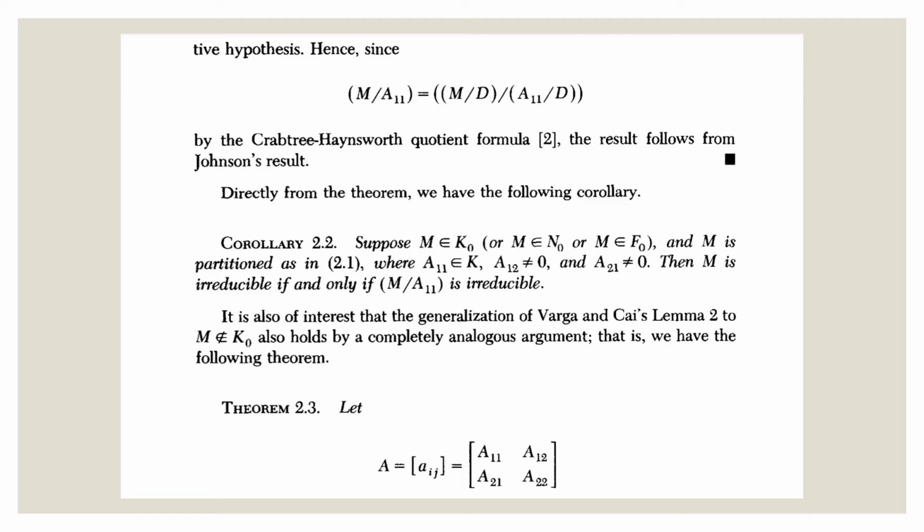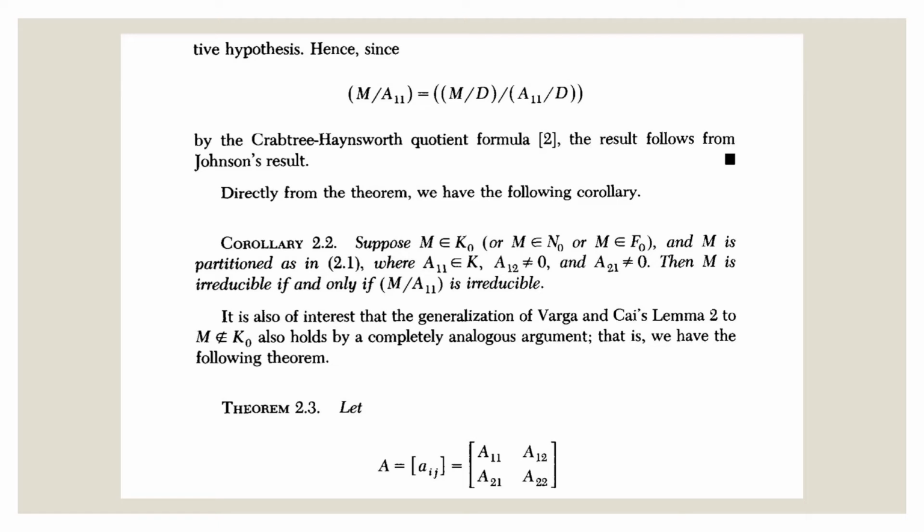Hence, since M/A11 is equal to (M/D)/(A11/D), by the quotient formula, the result follows from Johnson's result.